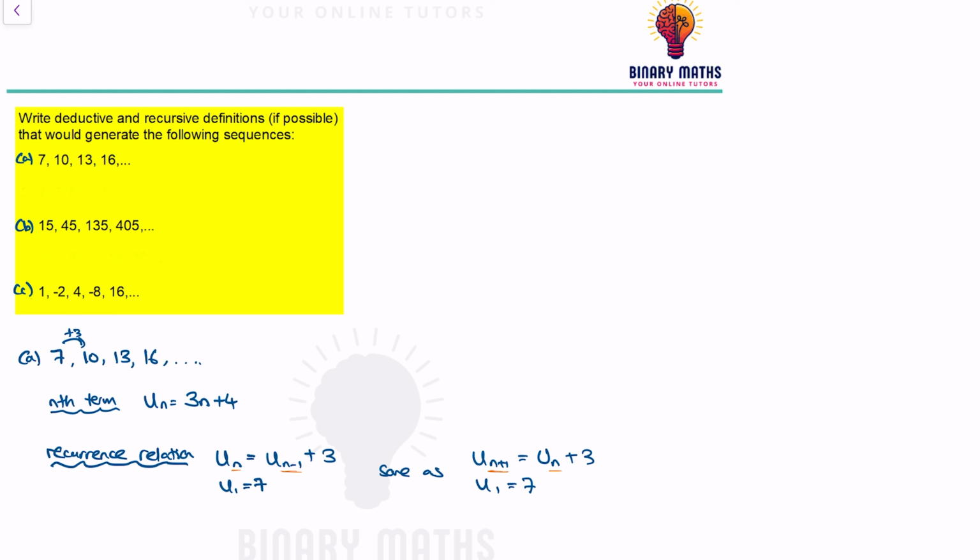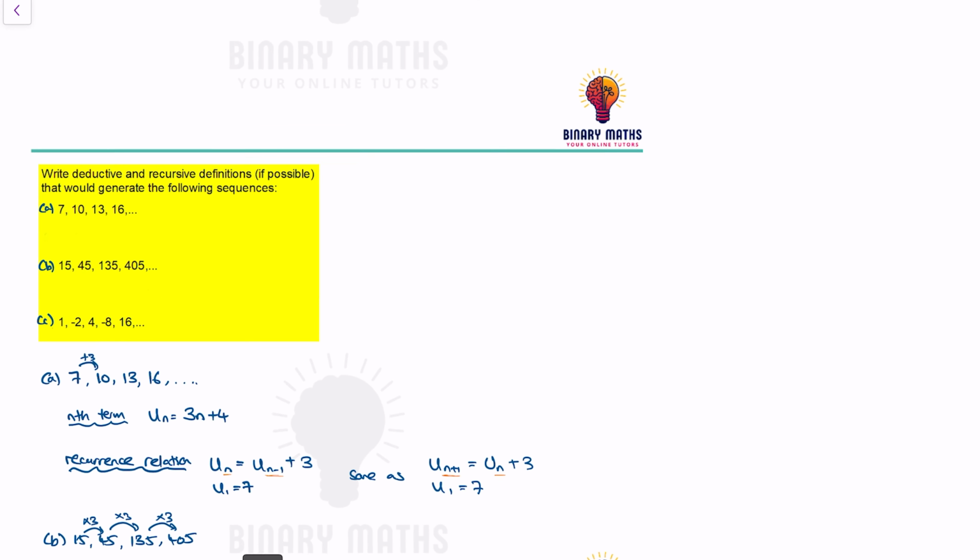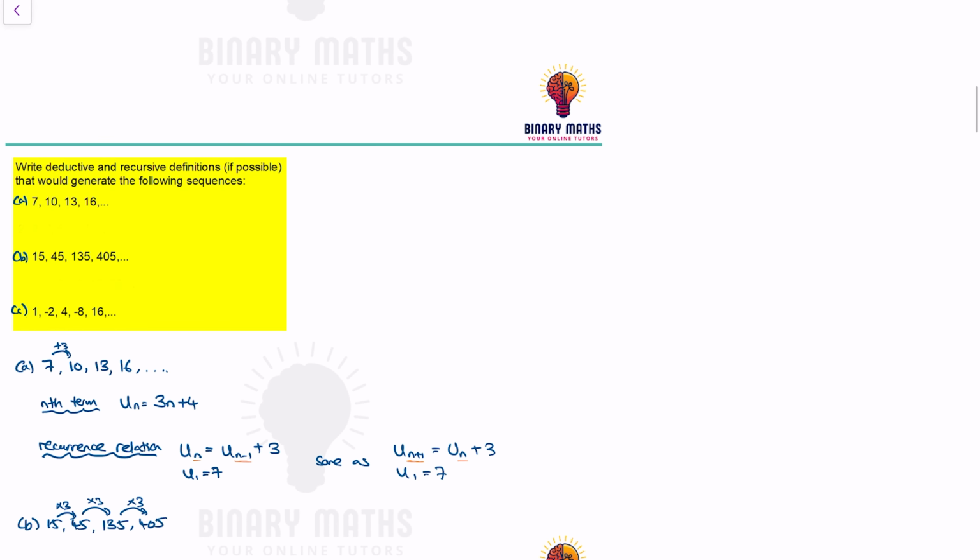Okay, let's go to B here. So B is 15, 45, 135, and 405. What you notice is you're multiplying by 3 each time. So that means if I'm looking at my nth term formula, what I realize is to find my first term, I got 15.